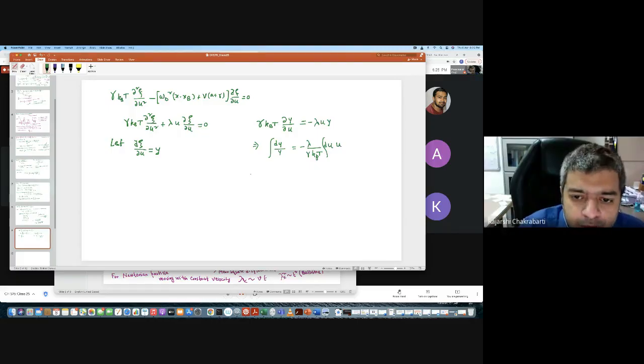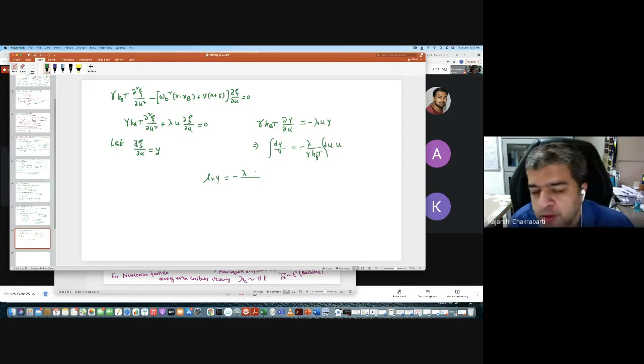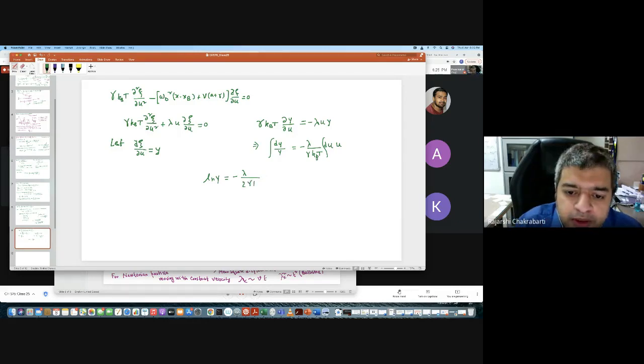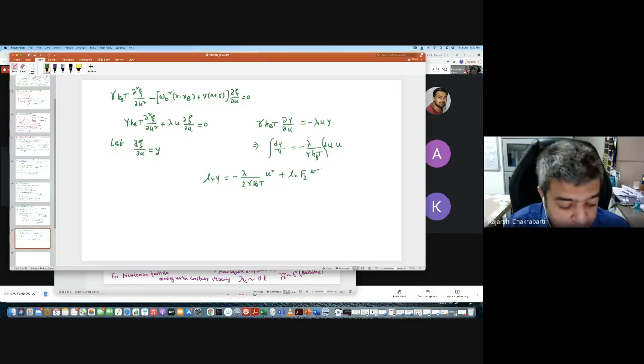Okay. So now if I integrate, I'm going to get ln y equals minus lambda, this will give u square by 2, twice gamma kVt into u square. Of course, some constant. So I call it ln f2, a constant of integration.